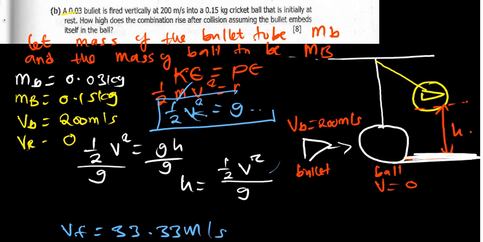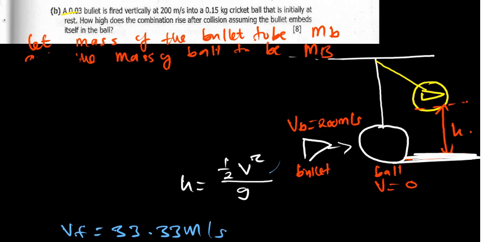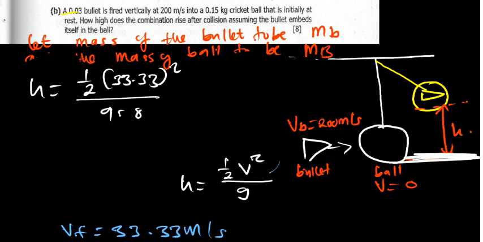Let's plug in the values. h is equal to half times 33.33 squared, divided by 9.8. So 33.33 times 0.5, because 1 over 2 is 0.5, gives 16.665. I divide this by 9.8. So how high it was: 1.7 meters.